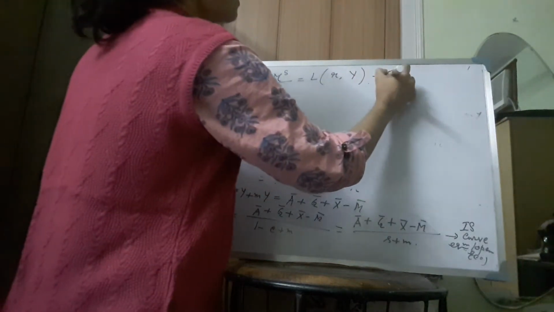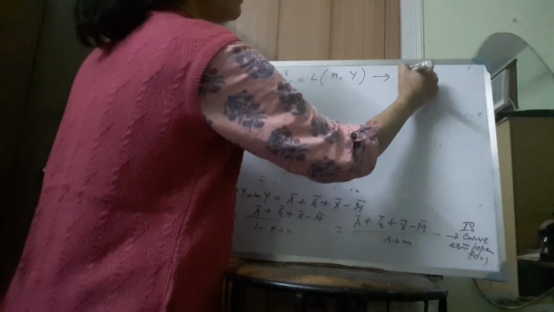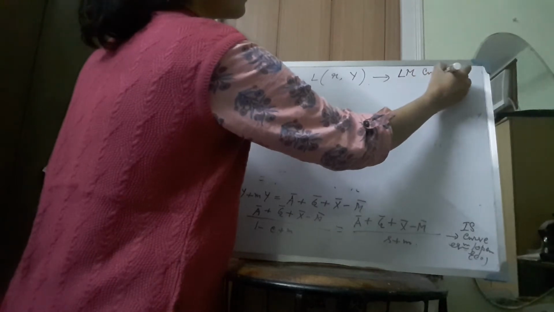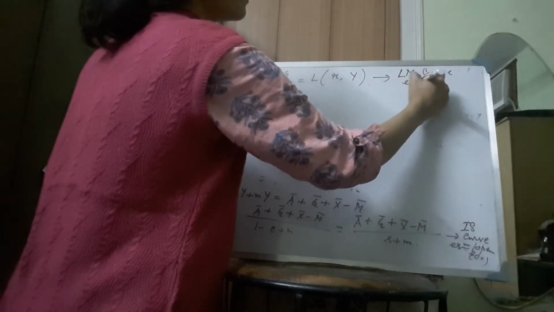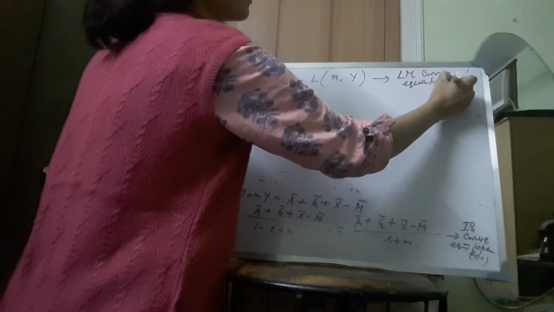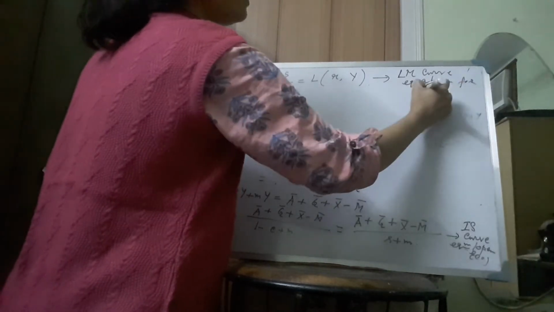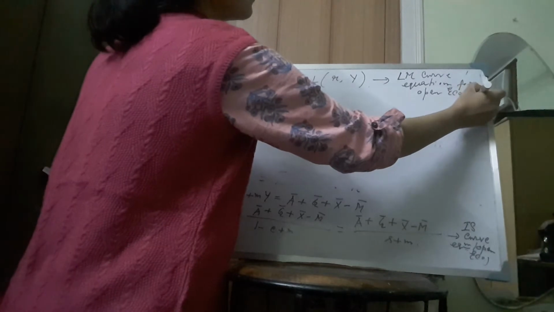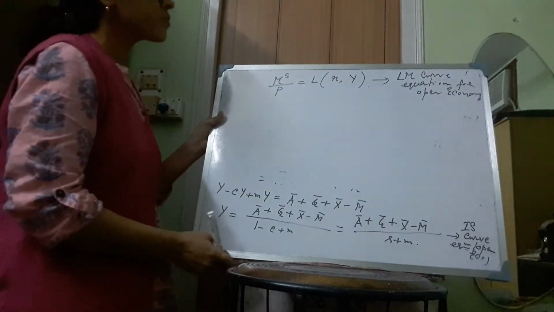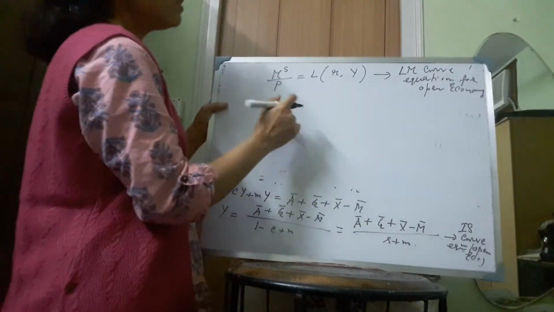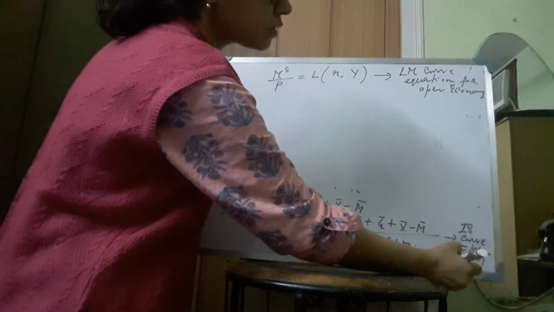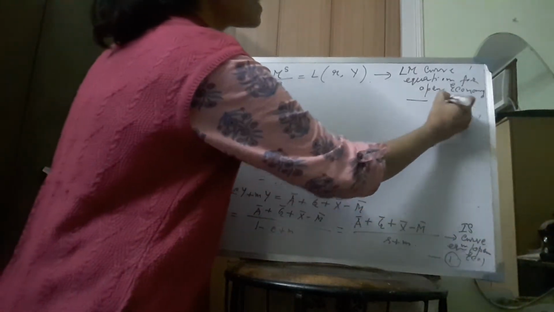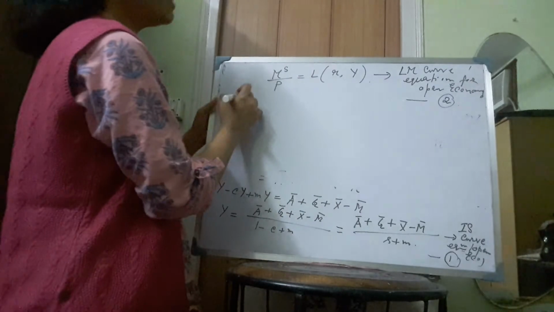So this represents the LM curve equation for the open economy. So this is the first equation that we are considering, this is the second equation, and we consider another equation.